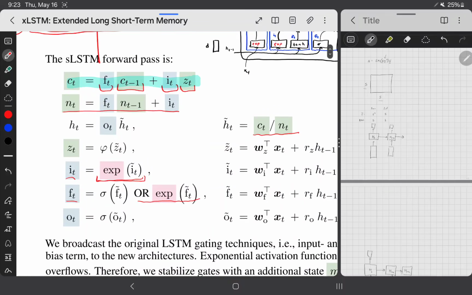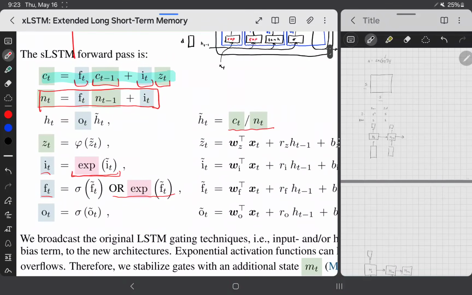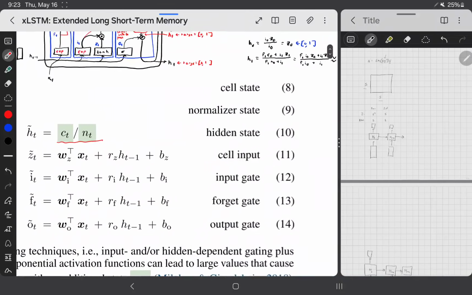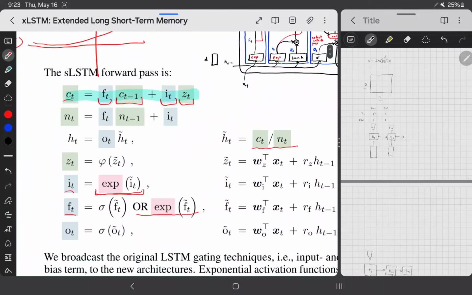So to fix this, you add this normalization value here. It is similar to c_t, except it's just an accumulation of i_t and f_t. And I'll show in a sec that this actually is stable.